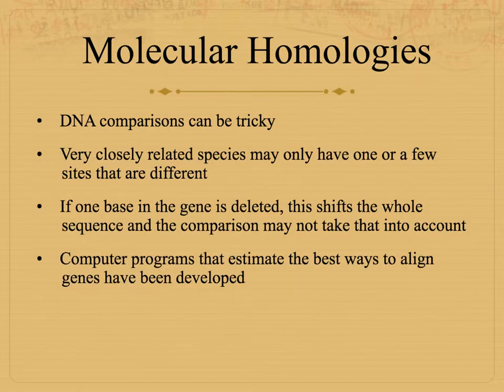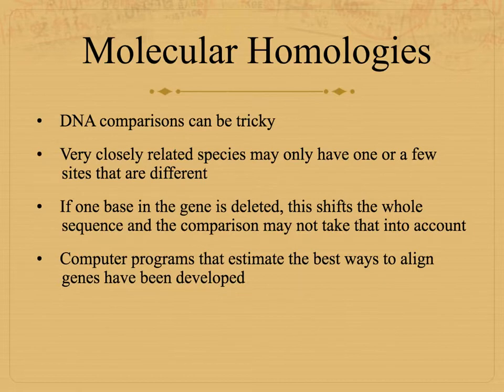Okay. So one thing that we have to remember is that very closely related species may only have one or a few sites that are different. Like it might be two A's that are different, or ATG on one and AAG in another. That makes a big change in the organism.